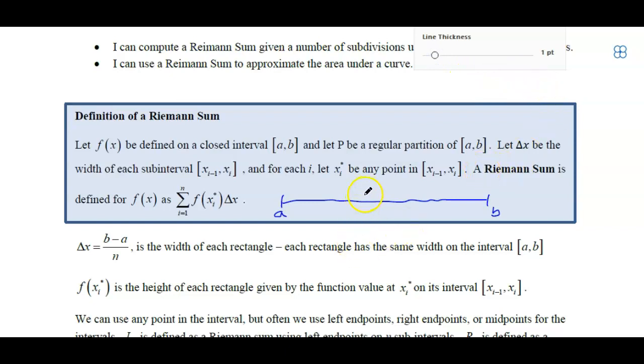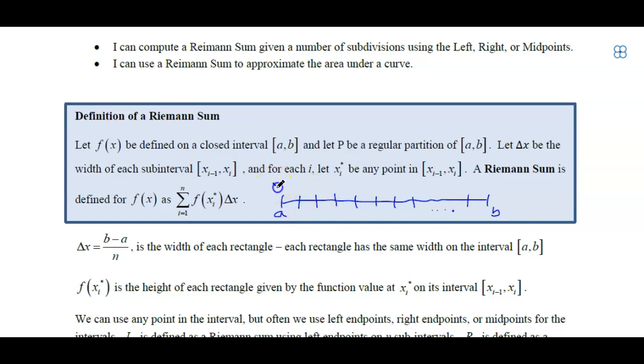What we want to do is subdivide this. So we're going to start making these regular intervals all the way from a to b, and it could be however many you get, 10, 5, 2, 18, 100, however many you want to make, that's the subdivisions.